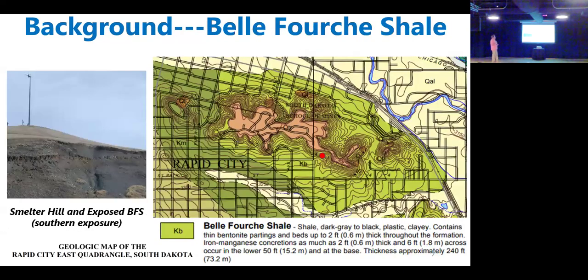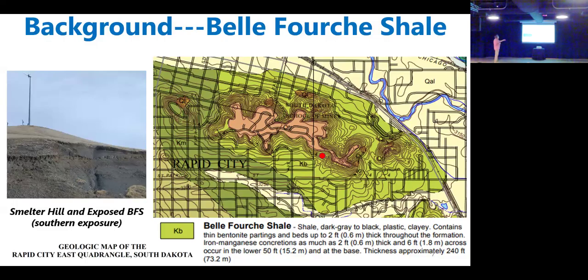So where is it? This is a portion of one of the maps on the third floor, the geology quadrangle around Rapid City. Kb in that map is Belle Fourche Shale. You can see it's described as shale, dark gray to black, plastic, clayey, and it contains bentonite partings. You can read the rest.